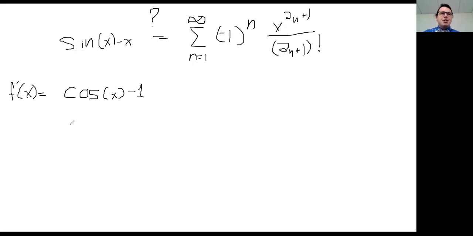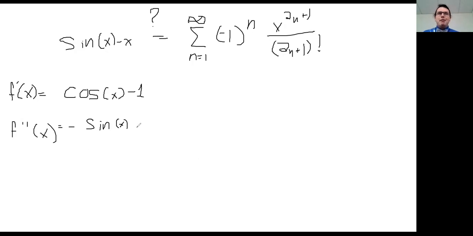As I continue, the second derivative of this is going to be minus the sine function, and the derivative of that minus 1 will be 0. So at the second derivative, I get exactly what I would have gotten for just the sine function, with no subtraction by x.